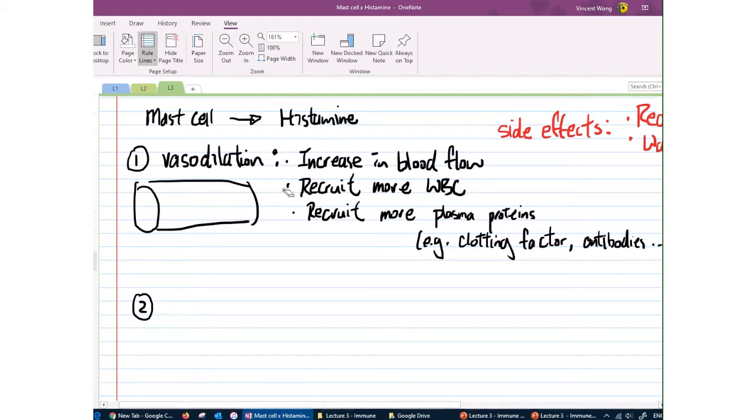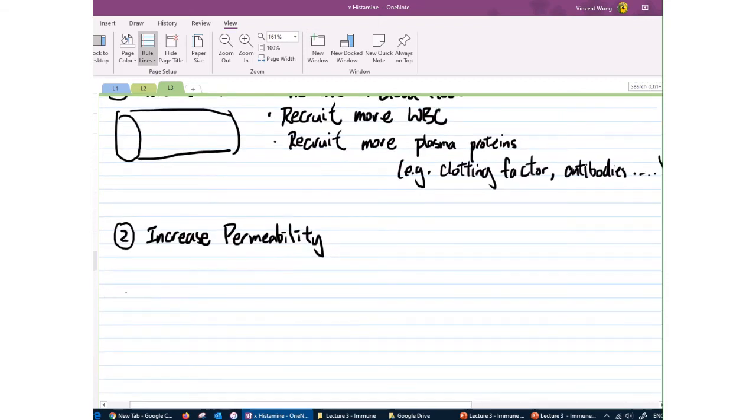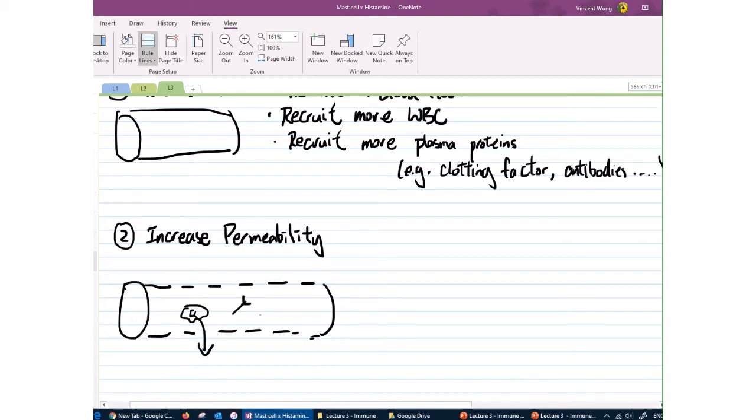So the second effect of histamine on your blood vessel is it will increase permeability. Okay, so not only are the vessels bigger, but now they are extra leaky. Okay, so by having extra leaky walls, the white cells can now exit. Okay, and then if you have proteins like antibodies and clotting factors, they could exit into the tissue as well.